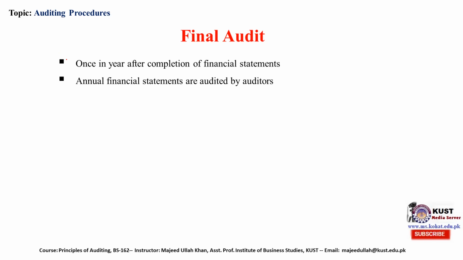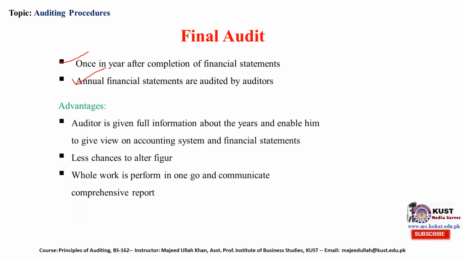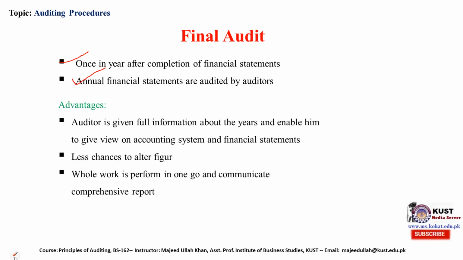The complete audit is one which is started after the close of the accounting year of the business and is carried out until the completion of the audit. It is also called balance sheet audit or periodical audit. So annual financial statements are audited in a final audit. It is also called statutory audit as well.